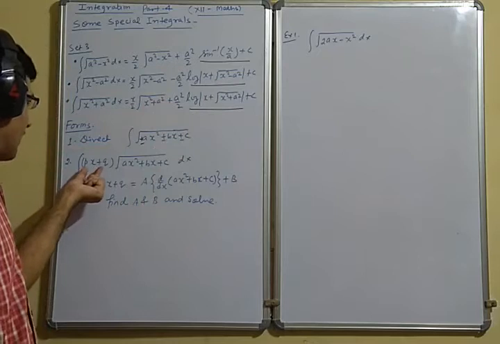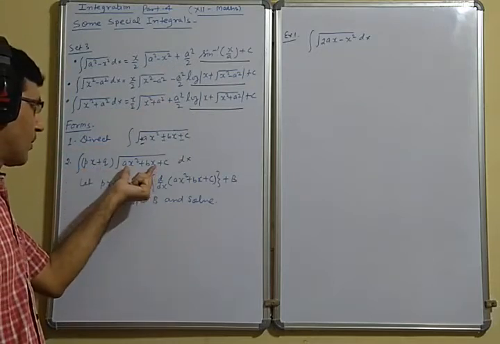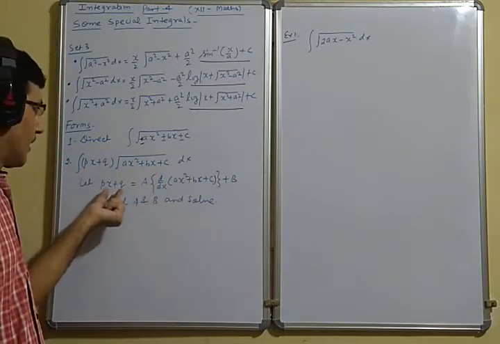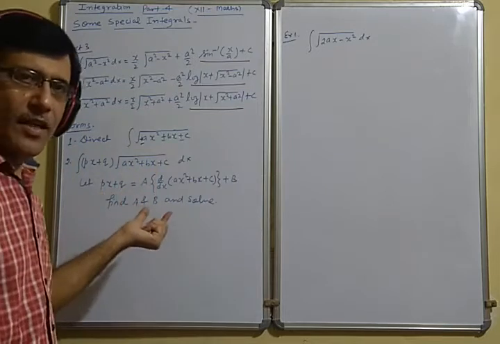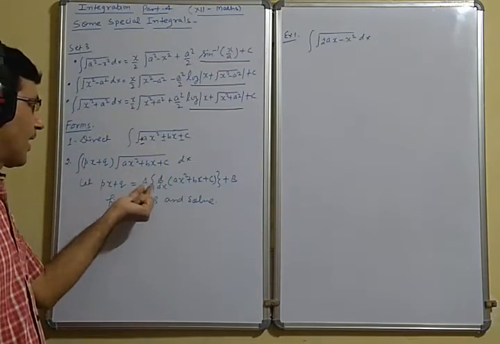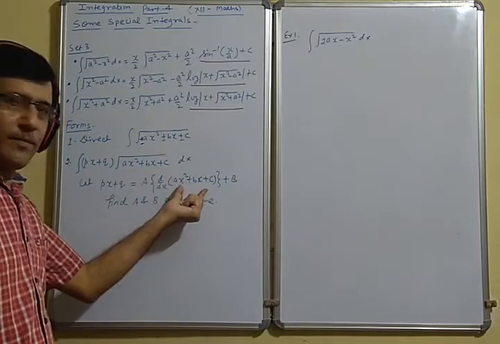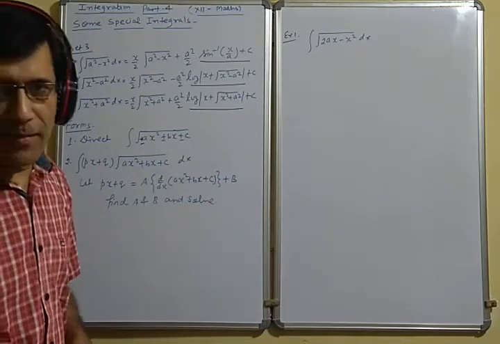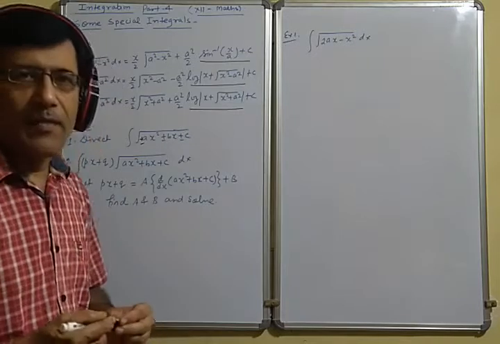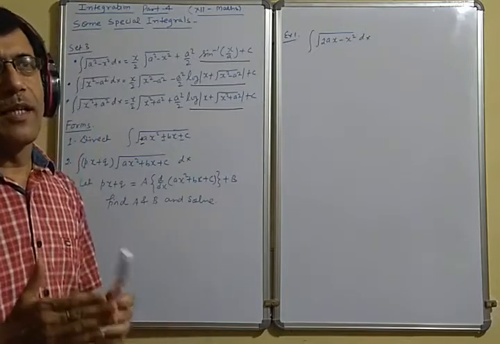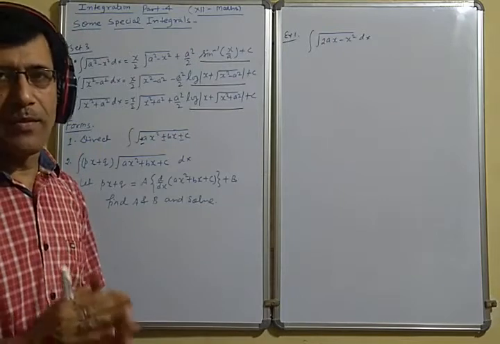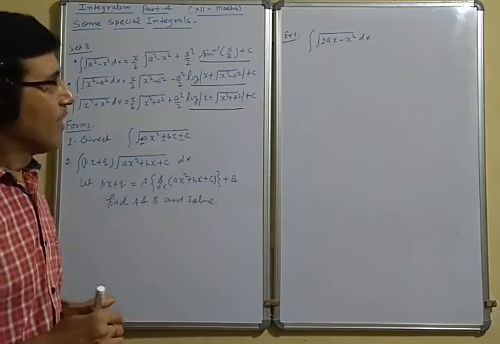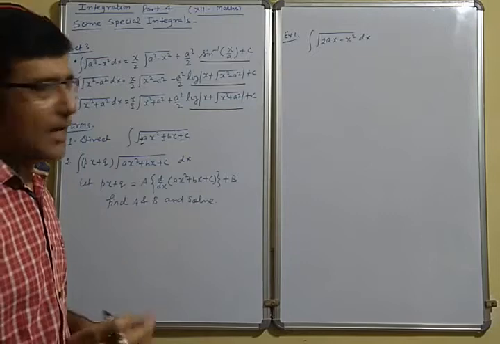In this case, we write px plus q equal to a times d by dx of the expression under the root, plus b, find the values of a and b, and then simplify. So we have to discuss one by one. Let us see the first type of problem.